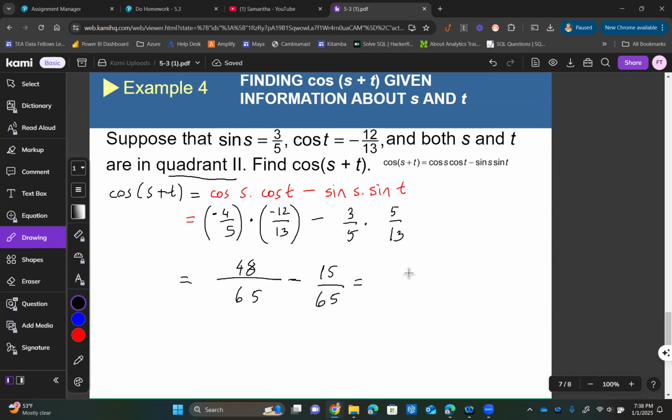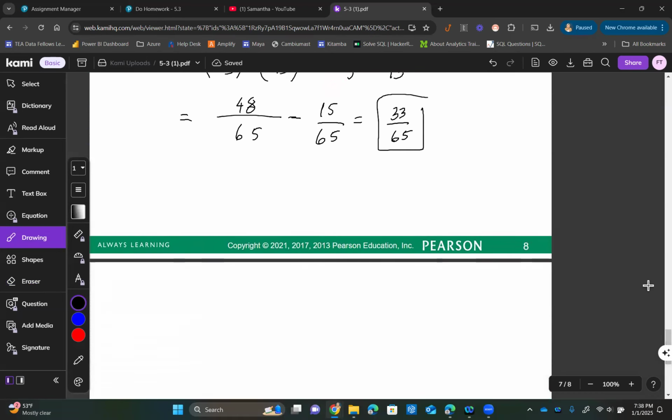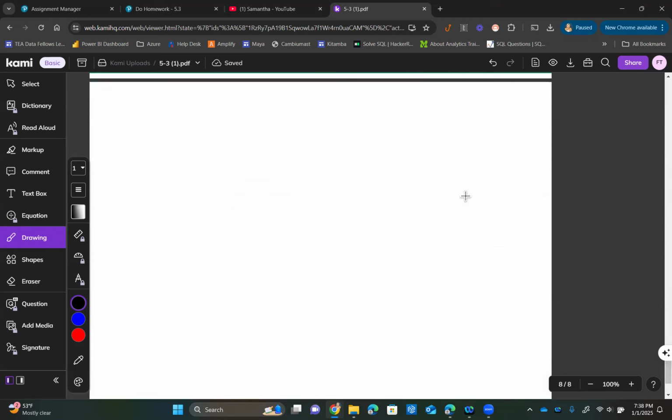When we subtract these two numbers, we will get 33 out of 65 as an answer. I will try to simplify this, but I know that this is only divisible by 3 and 11. 3 doesn't work here, and 11 doesn't work here, so I'm going to leave my answer just like this. And then this is the end of 5.3.